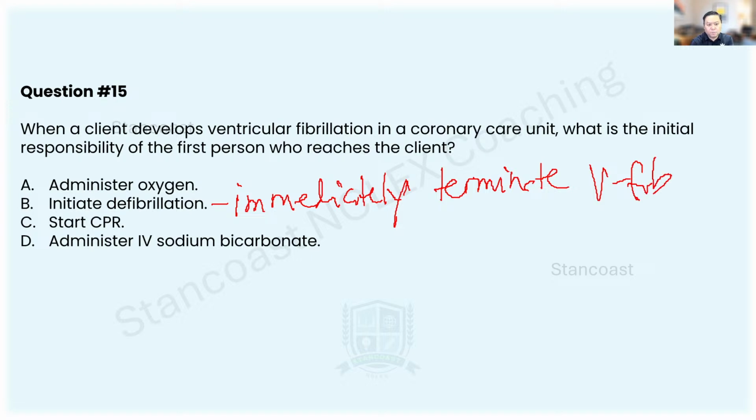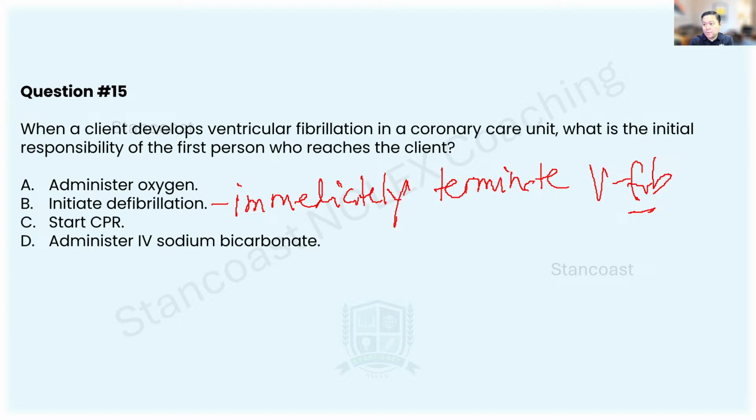First and foremost, do that. We want to restore the normal heart function, because when you have a patient with a ventricular fibrillation, especially with a pulseless VFib, there's no more cardiac output. There's no more blood supply to the brain. The patient will go into a cardiac arrest right away.